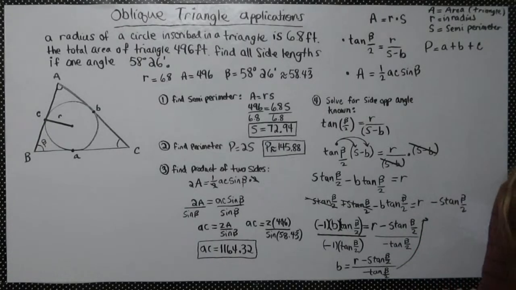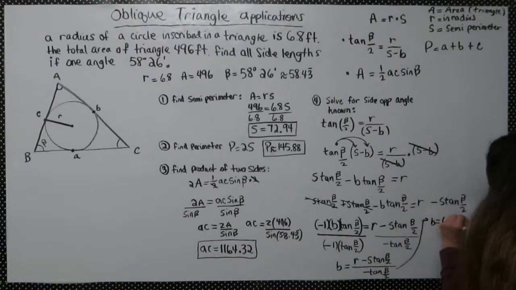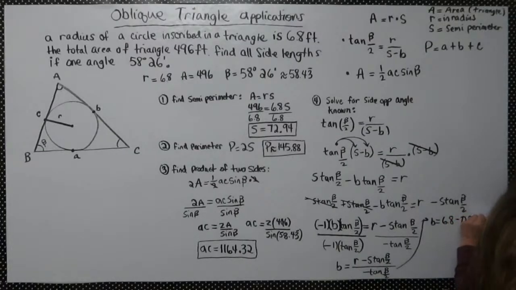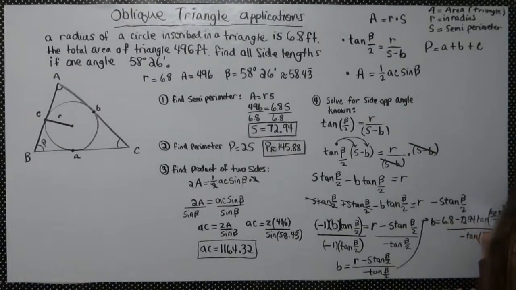All right, so we've got B equals 6.8 minus 72.94 times the tangent of 58.43 divided by 2, and that is divided by negative tan of 58.43 divided by 2.